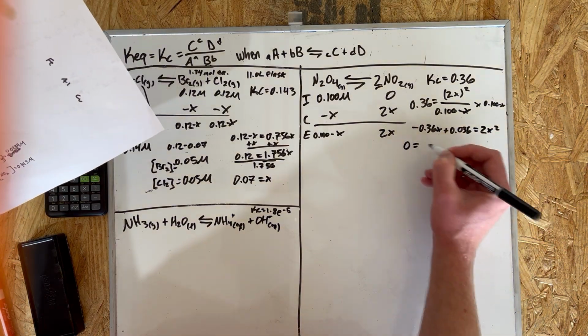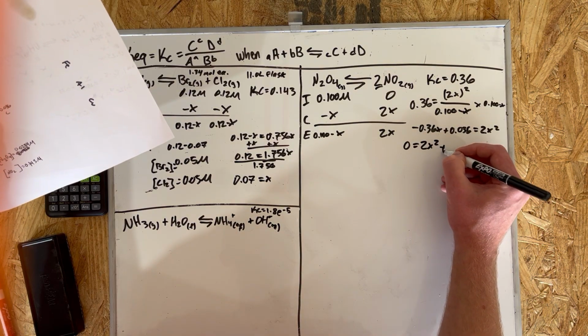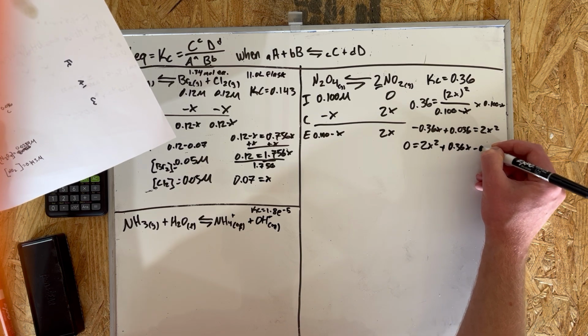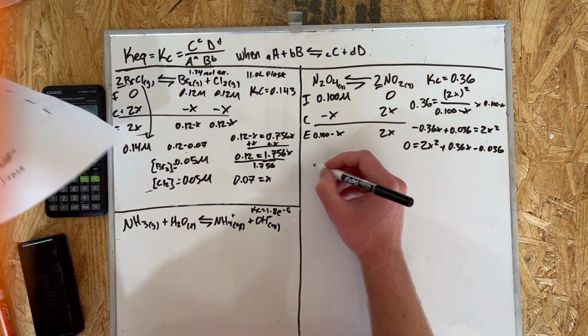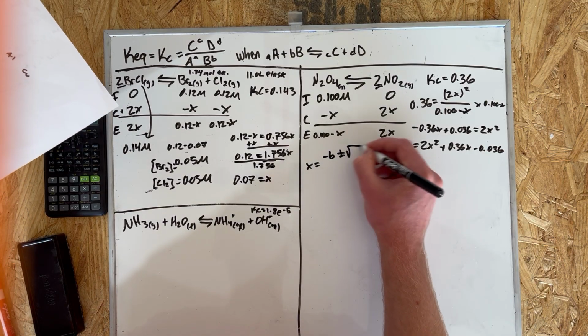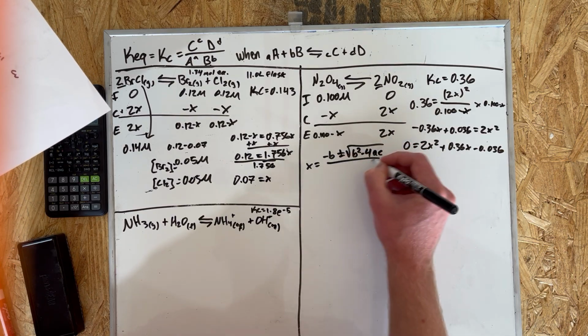We'll get all of our things over here to get it equal to 0: 2x squared plus 0.36x minus 0.036. Then everybody's favorite, the quadratic equation, x equals negative b plus or minus the square root of b squared minus 4ac all over 2a.